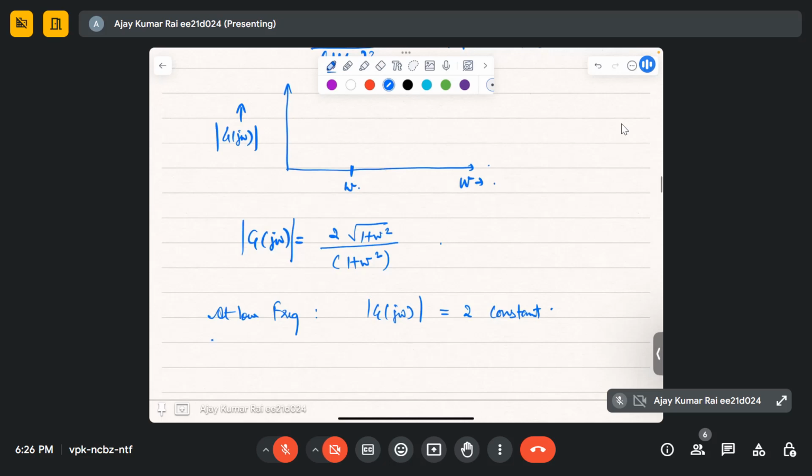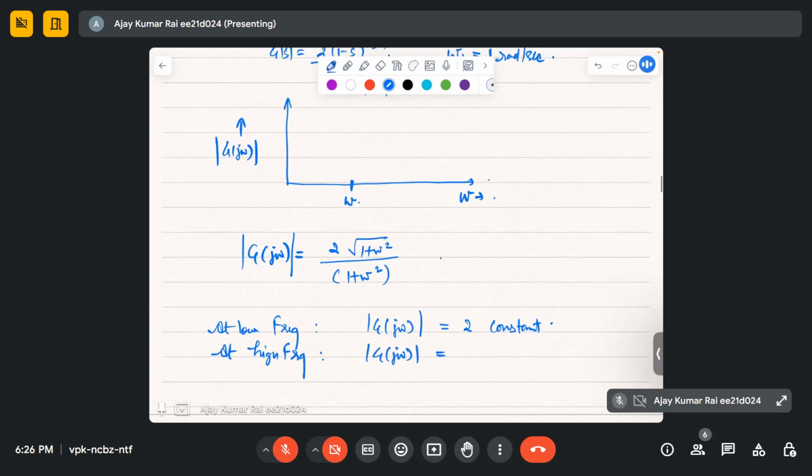So at higher frequency, what magnitude are we getting? You'll get 2 omega by omega square, so 2 by omega, something like that.